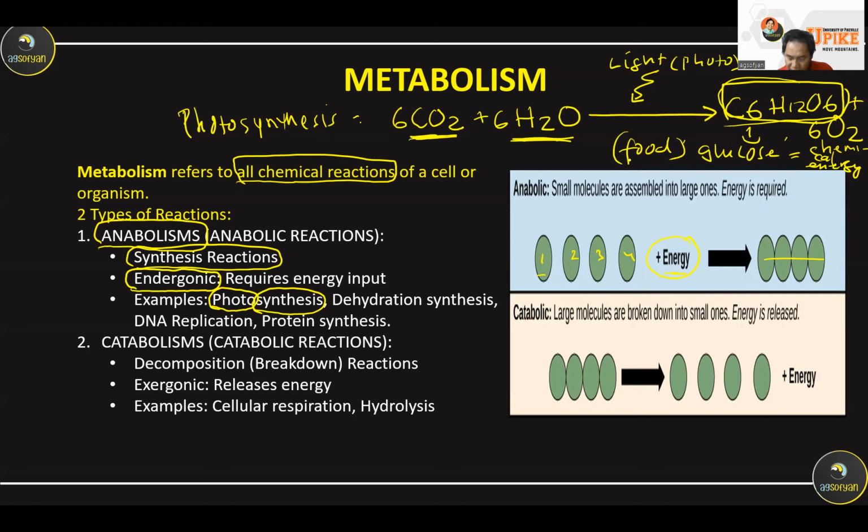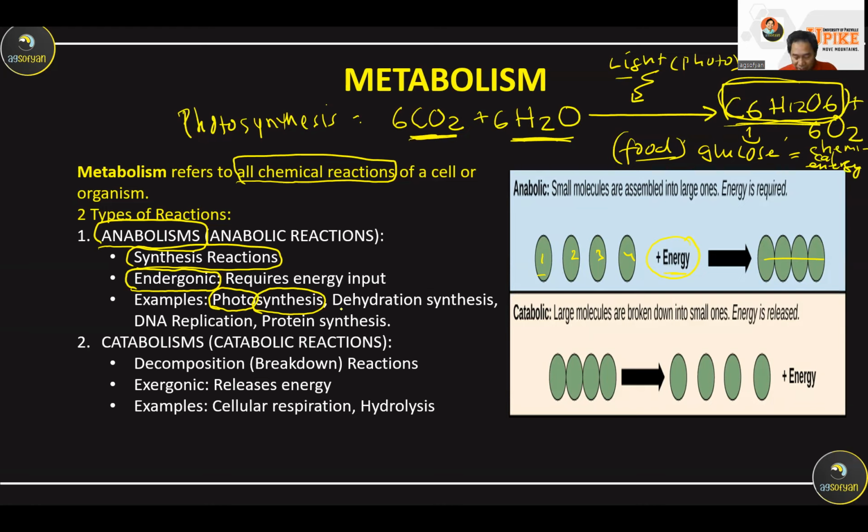Remember, food contains chemical energy. So the energy is not going anywhere, but it is converted into a different form: from light energy, it is transformed into chemical energy, which is food. So this is anabolism.